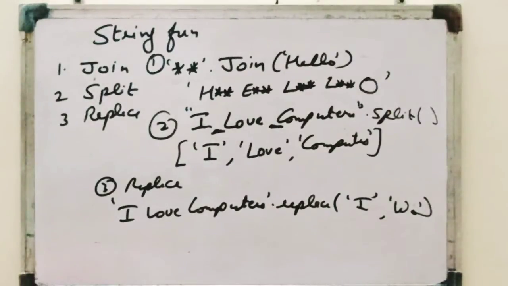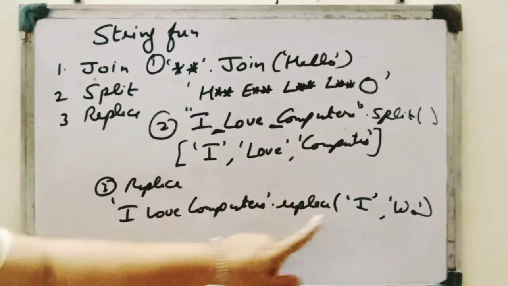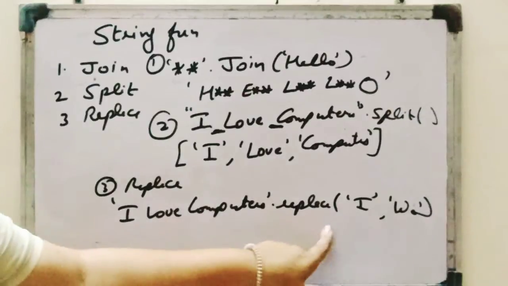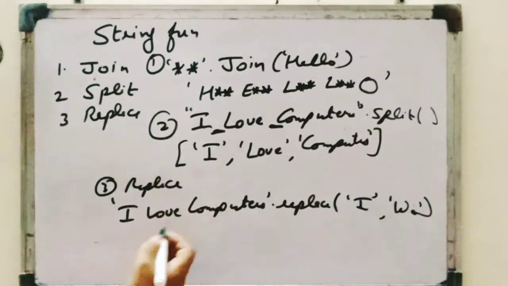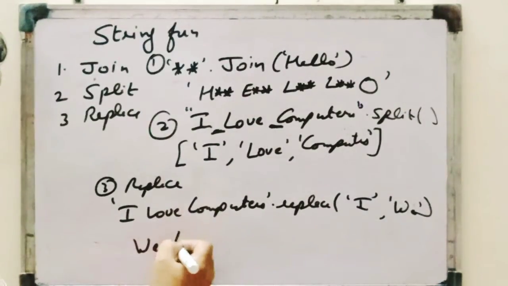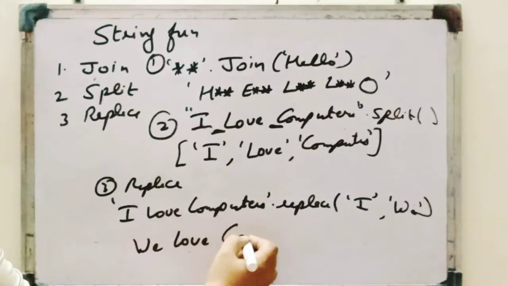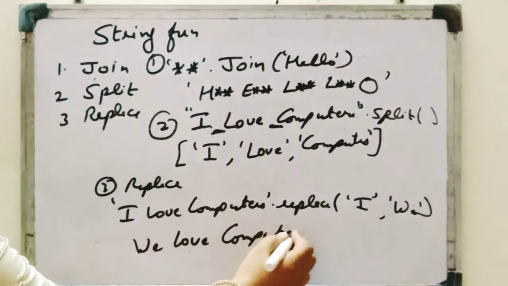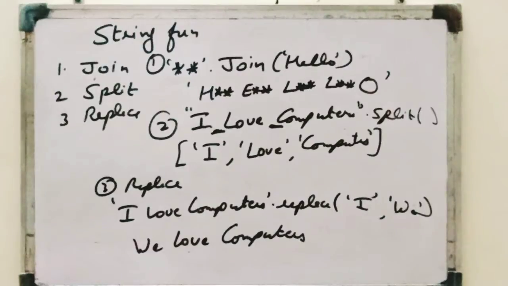It means wherever I appears in this string, it is replaced with we. So the answer is: we love computers. So these are the 3 string functions: join, split and replace.